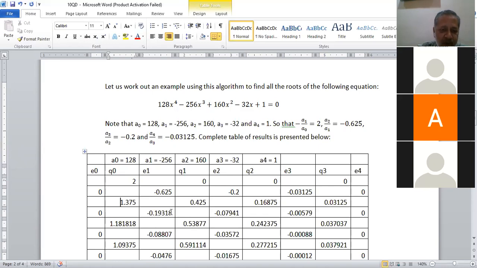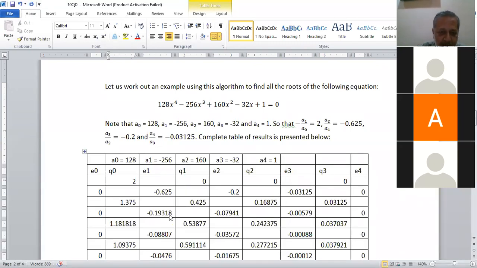Then in the next row of E, the first element and the last element are 0, and this new E value is the right Q value divided by the left Q value multiplied by the previous E value.